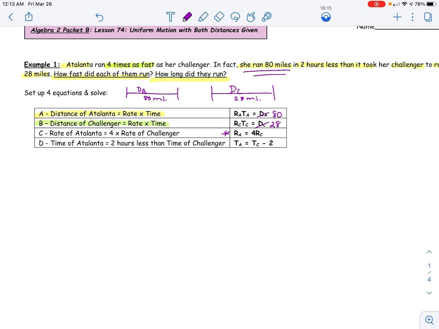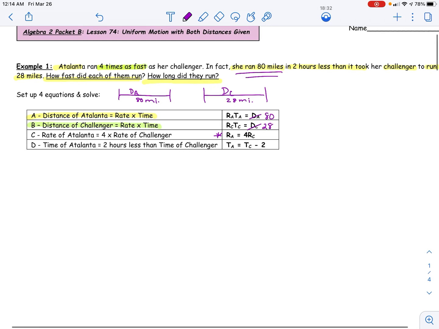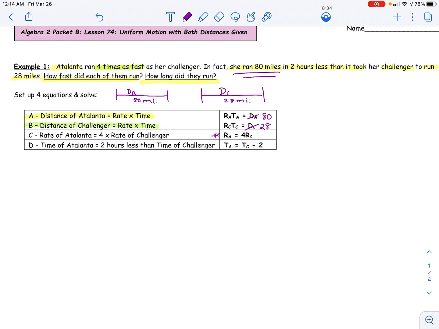Now let's look at the last one here. We have to figure out the time of Atalanta because we're trying to figure out how fast they each ran and how long they each ran. So the time of Atalanta is, according to the problem, she ran 2 hours less than it took her challenger to run her distance.